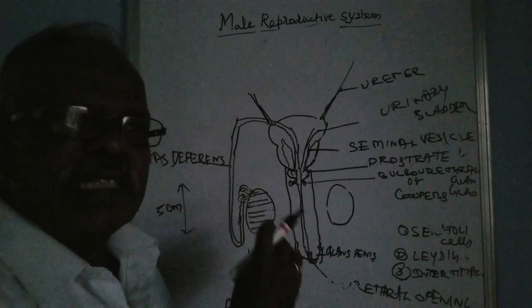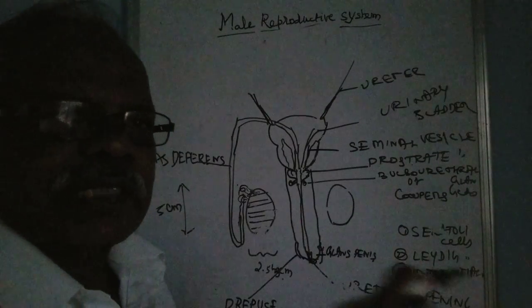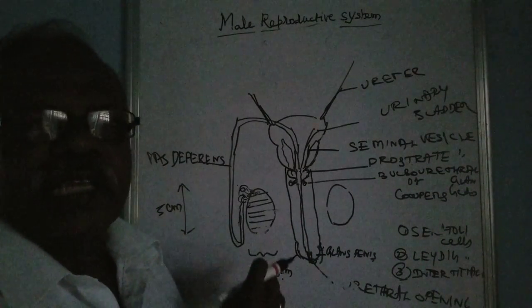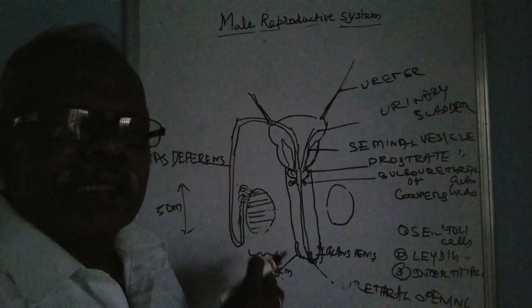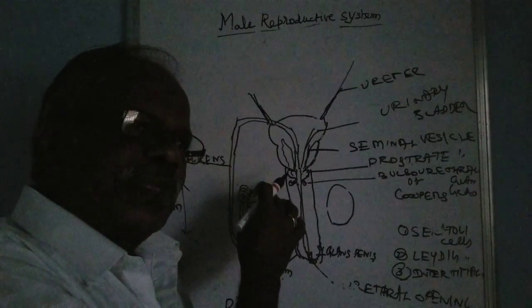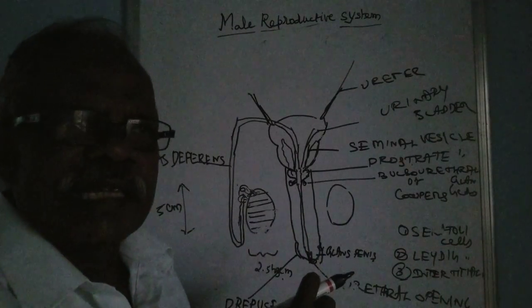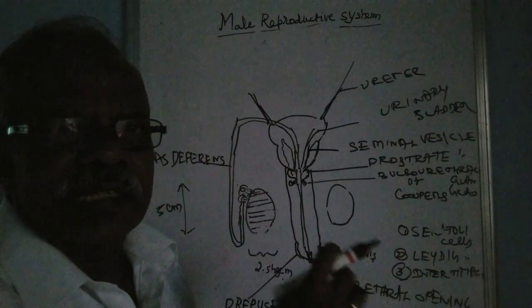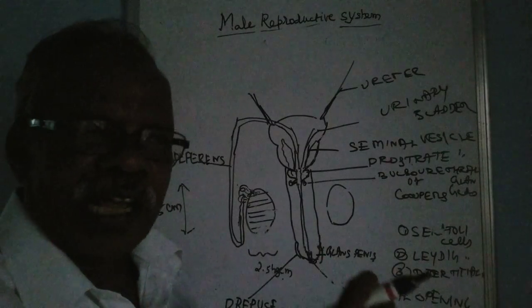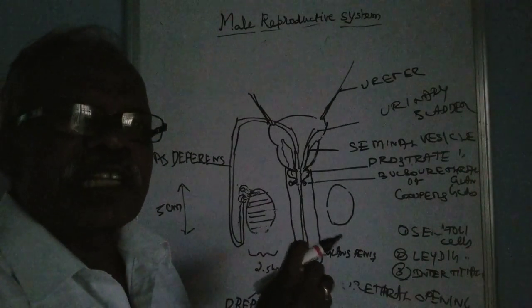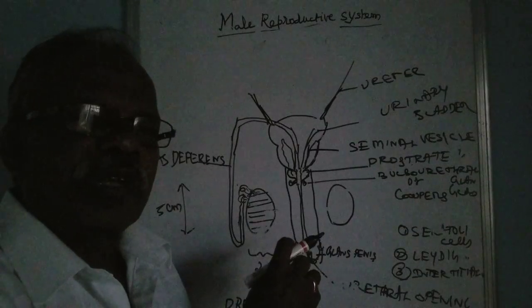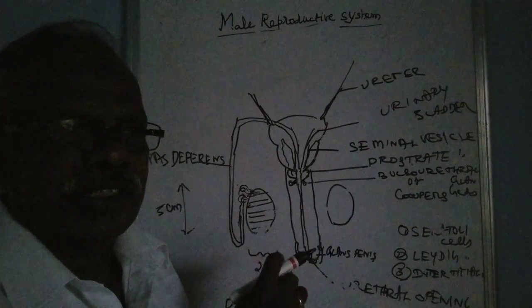The Sertoli cells serve nutrition to the sperm, and the Leydig cells produce androgen hormone. The interstitial cells also produce androgen hormone, and a lot of blood vessels are also there.